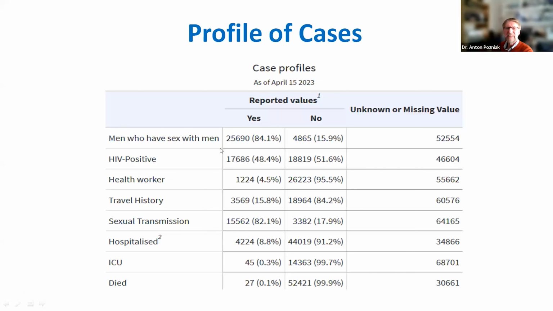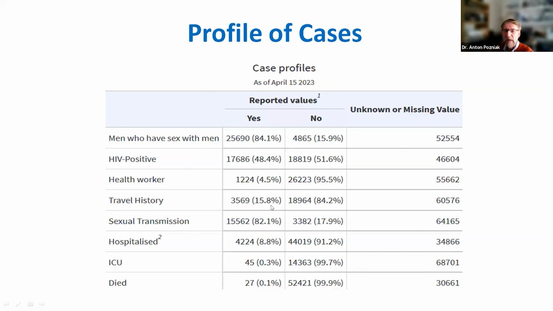So let's look at the cases. If we look at the profile, this is data up until April, about 85% have been in men who have sex with men. There are a lot of missing values here, but in the ones where we know, that's been the case, and again, about half of them have been HIV positive. Health workers, many of you are in the audience, it's quite rare, but the issue here is that some health workers are MSM, some health workers are HIV positive.